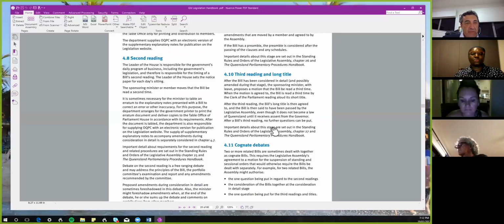And you'll see that there's reference to the standing rules, the orders of the Legislative Assembly, and the Queensland Parliamentary Procedures Handbook. So again, we have a hint as to other things that might be relevant when considering statutory interpretation. And also it provides some detail as to what's intended during the second reading speech, and that is debate, which is a free-ranging debate and may address the principles of the bills. That's why the second reading is important in the context of the life of a bill.